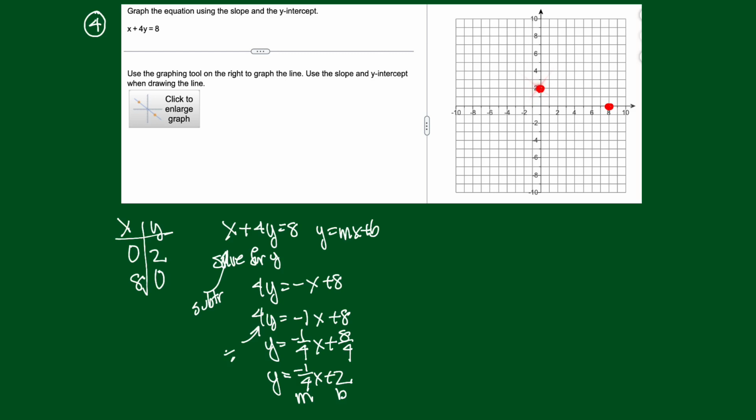So to the right 4, I'll start here, go to the right 4, down 1. That'll put us to the right 4, down 1 right there. And then look, if we go to the right 4, down 1 again, we get that other point. All right, so I'm going to pass a line through these 2 or now 3 points. And there we go. There is the graph of that equation.